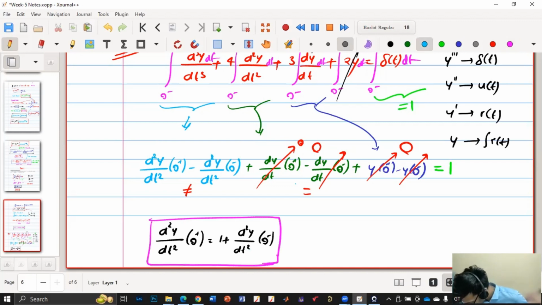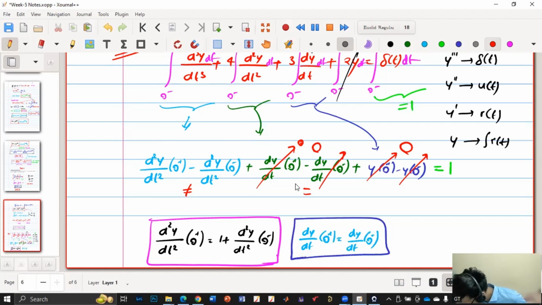Similarly, the other 0 plus conditions will be dy by dt of 0 plus is equal to dy by dt of 0 minus. And similarly, y of 0 plus is equal to y of 0 minus.